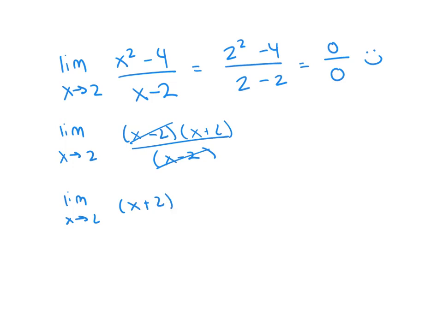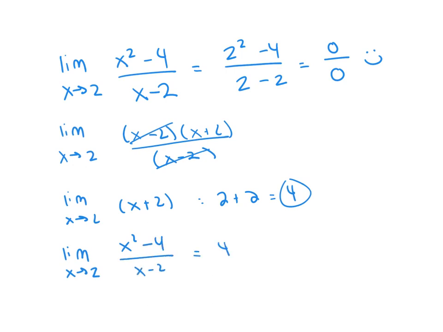Now that I took care of that part that was making it the indeterminate form, I can plug in my 2. So I have 2 plus 2 or 4. So the limit as x goes to 2 of x squared minus 4 over x minus 2 equals 4.